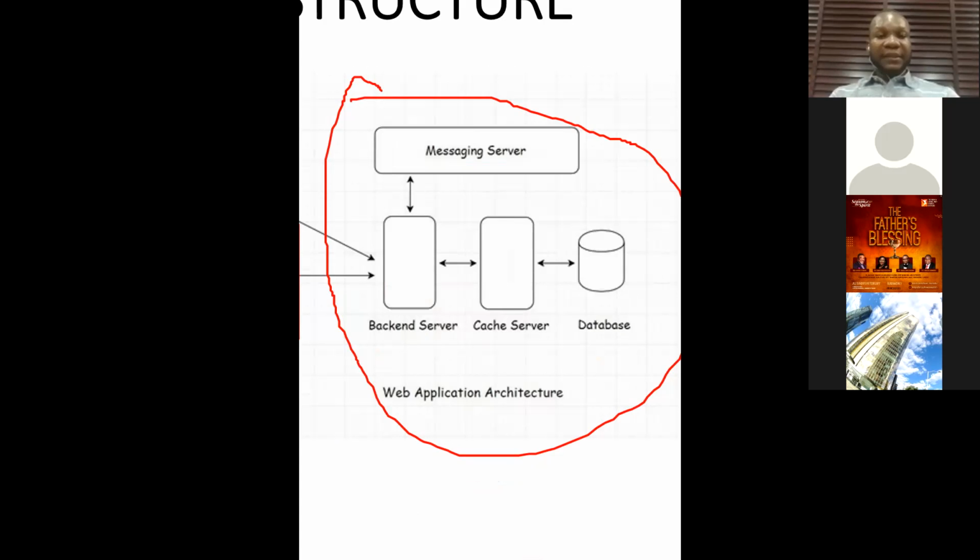Now these, don't confuse them. This server we are talking about here, I'm not referring to the hardware server, because we have a server that is the hardware. We also have certain softwares that are installed on the server hardware. They are also referred to as server softwares.